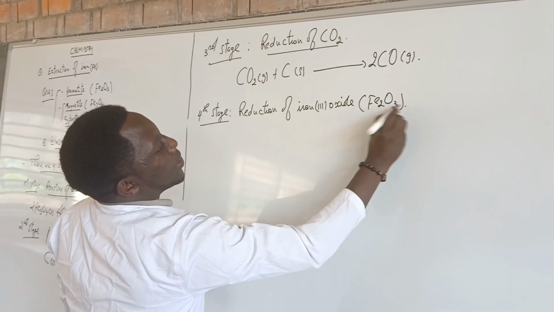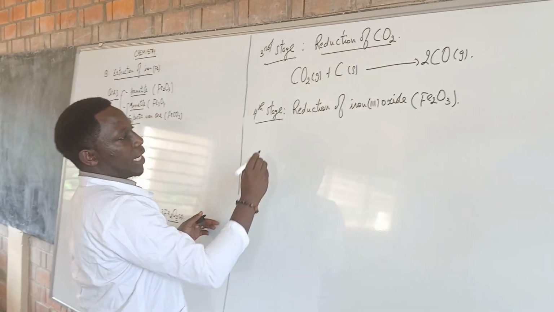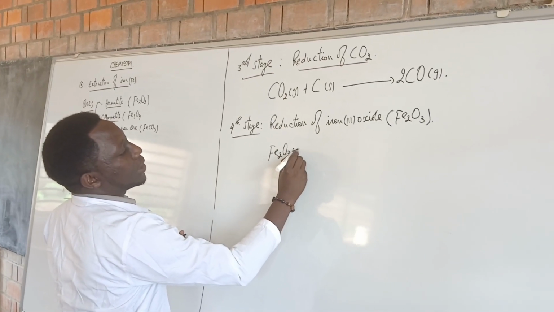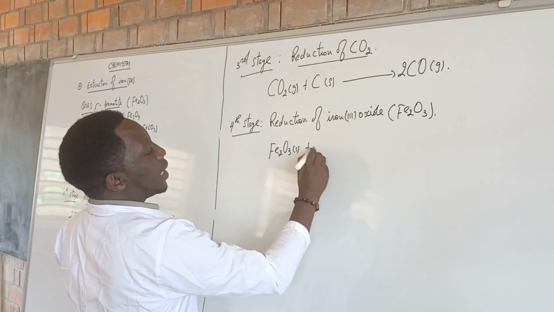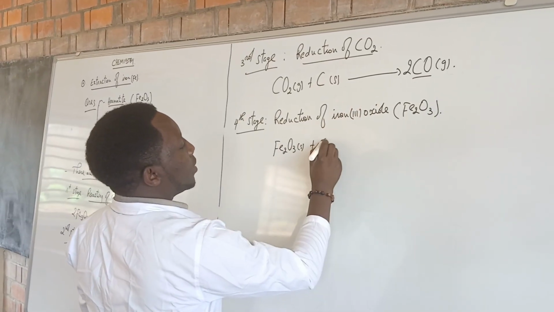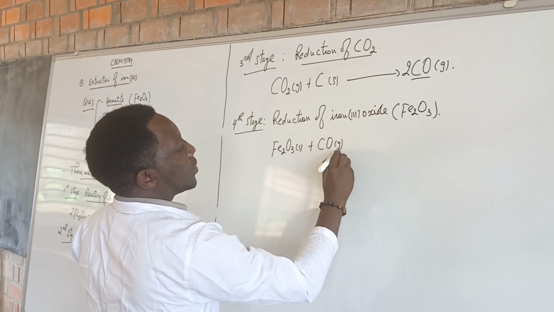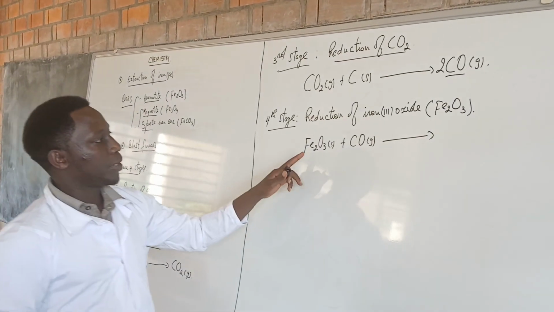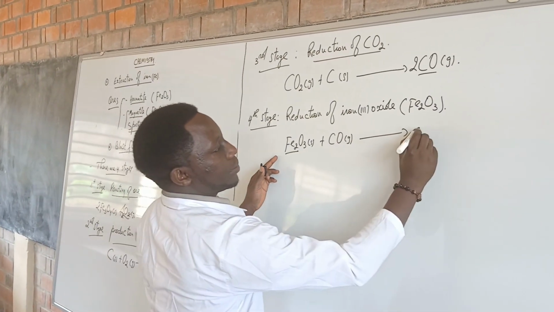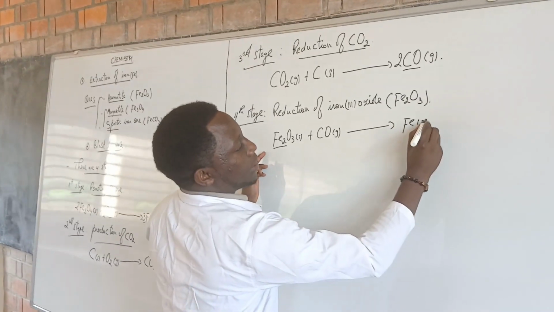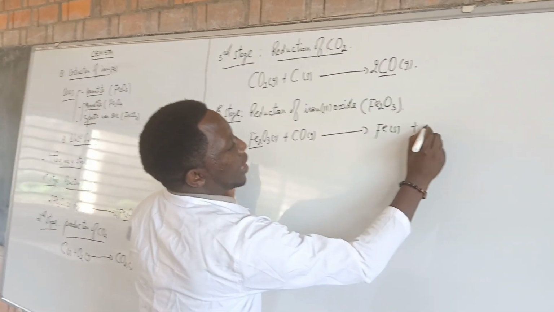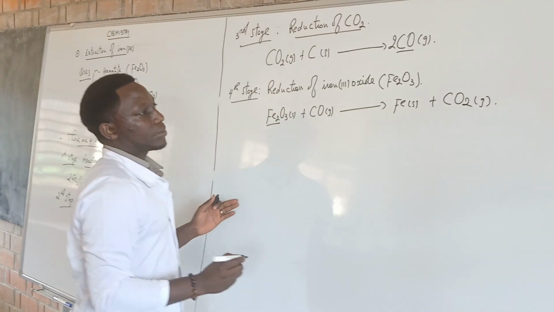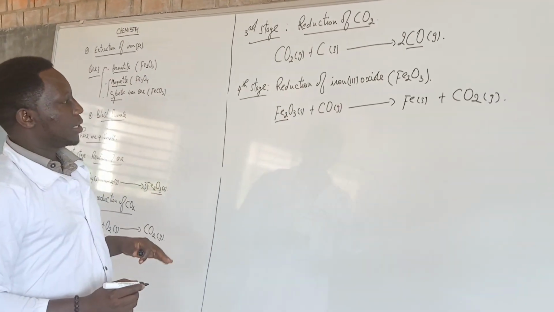In this reaction, this hematite, iron 3 oxide, is reduced by carbon monoxide, which is a gas. This reaction produces iron, which we need in this process, and carbon dioxide gas. This is our product. Now let us balance.